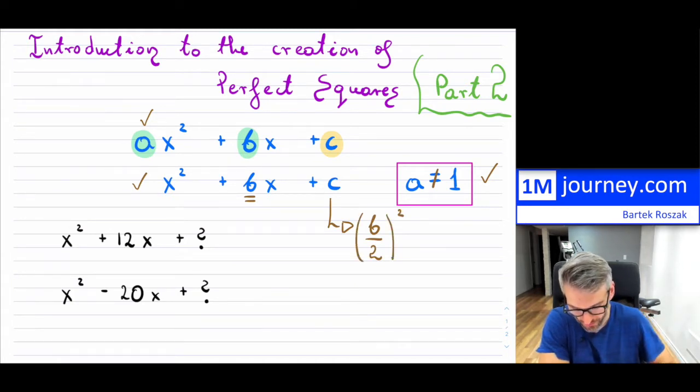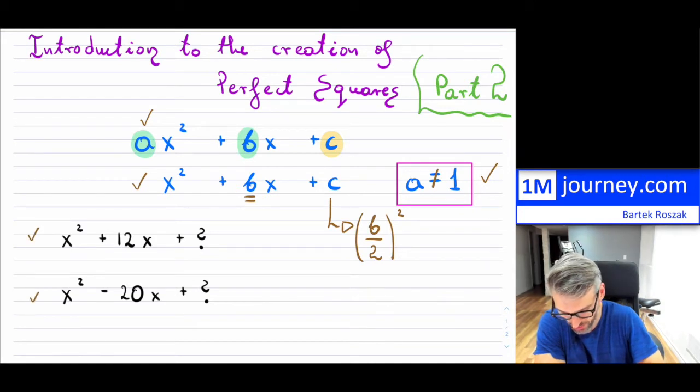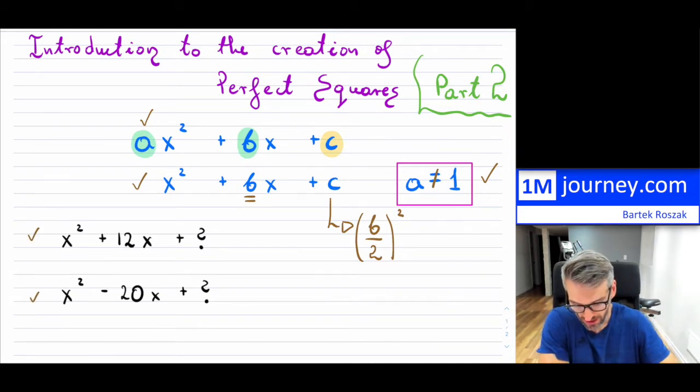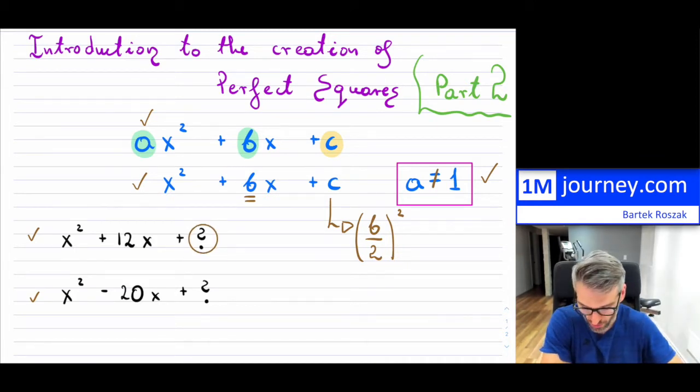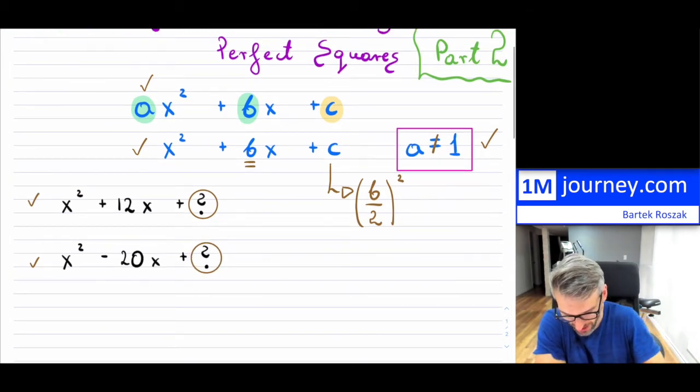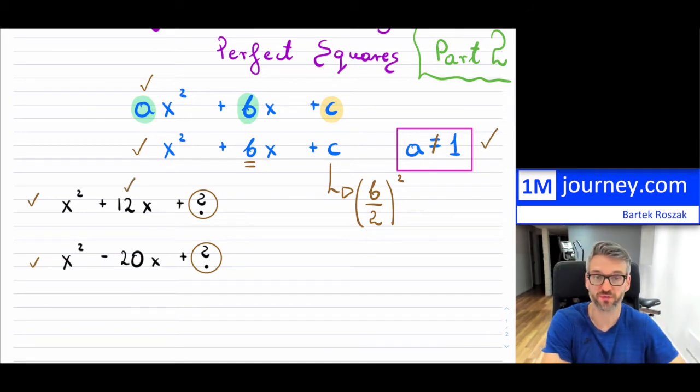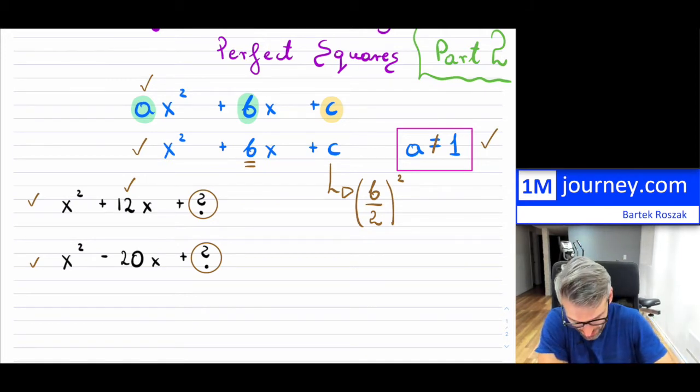For example, here are 2 examples right here just to refresh you. If I wanted to find what this question mark is, which is basically the C, and notice that A is equal to 1, or if I wanted to find the second question mark here, what I would do is I would simply take my B, divided by 2, which is going to be 6, and then square it, which would have been 36 in this case.